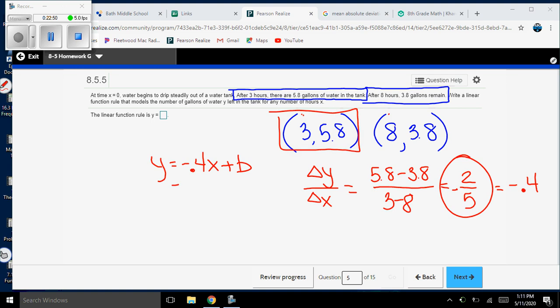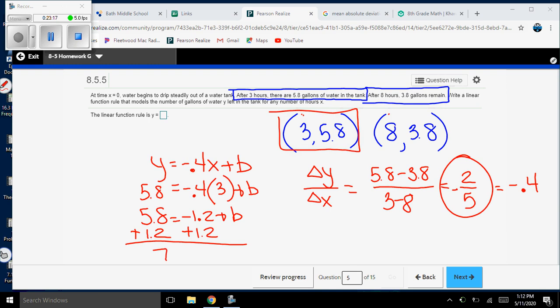And so I'm at y equals, so this is going to be 5 8/10 for y, equals negative 4/10 times 3 plus b, which is 5 8/10 equals negative 1 2/10 plus b. I'm going to add 1 2/10 to both sides, and that's going to give me b equal to 7.